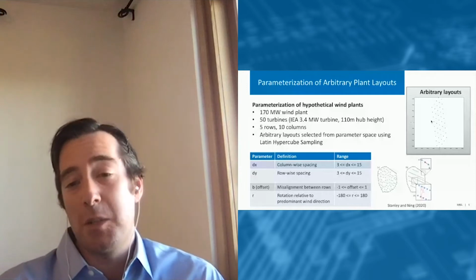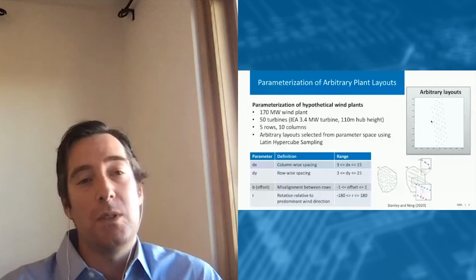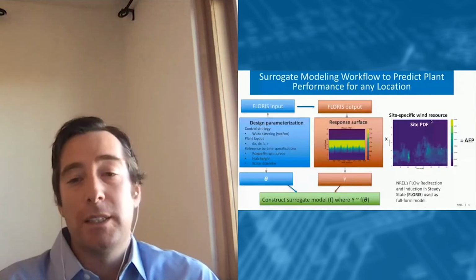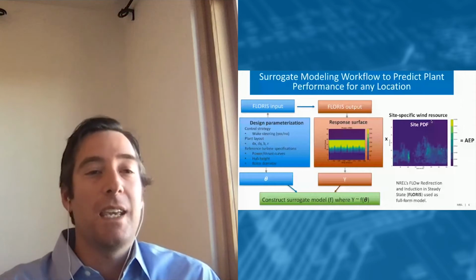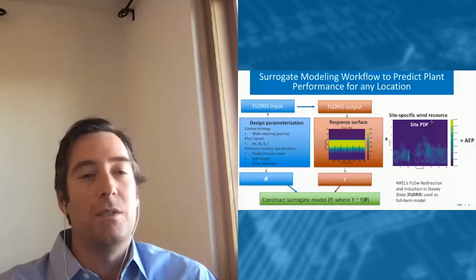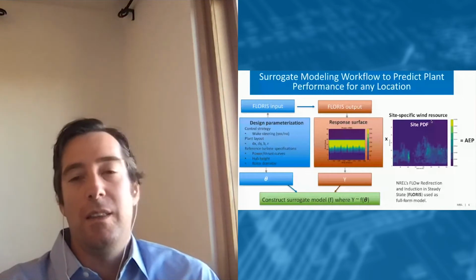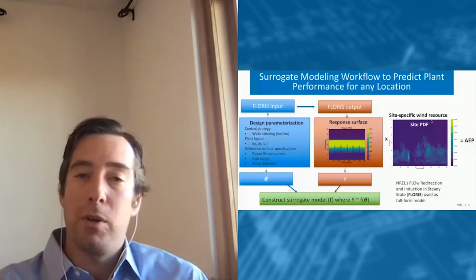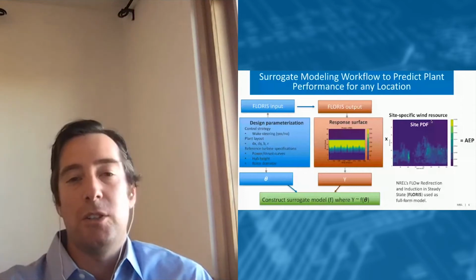So in this case, the more expensive model is NREL's open source flow redirection and induction steady state model, or FLORIS. FLORIS can take a set of input parameters that we described in the earlier slide that pertain to the spacing of these turbines, and it can produce as an output this response surface.